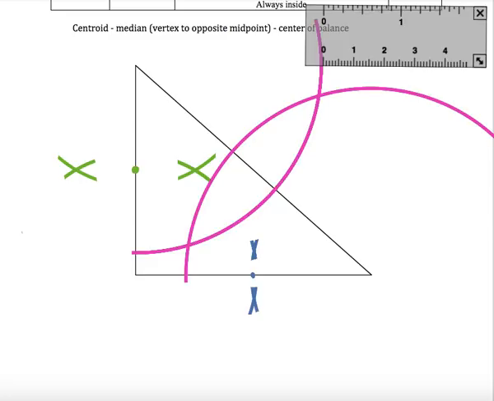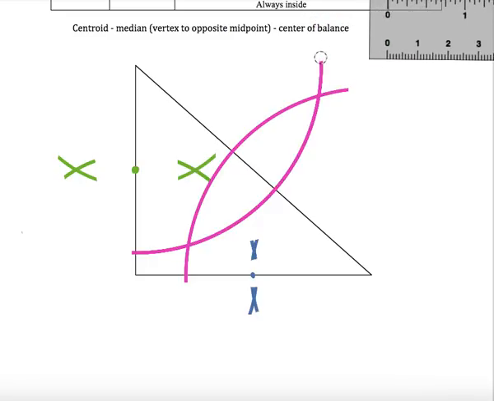All right, clean it up so that I don't have quite as many lines going on, so that whenever I go to create my medians, I'll be able to focus on what I'm looking for.